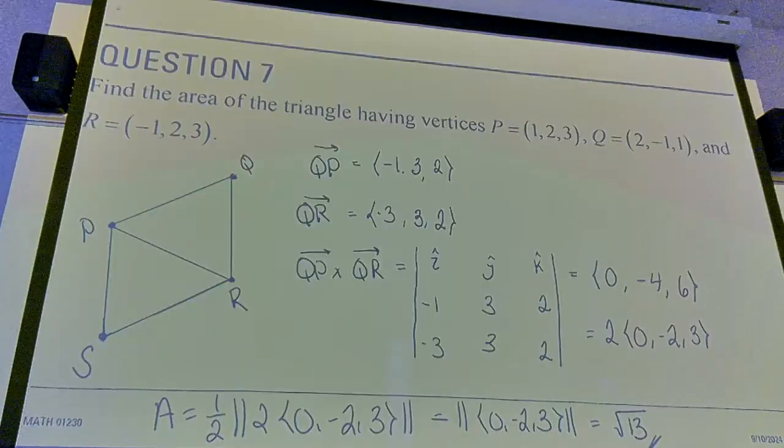In between the I and the K, that's a J. Negative 1 times 3 minus 3 times negative 3.